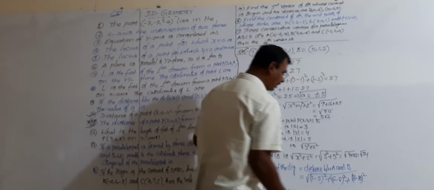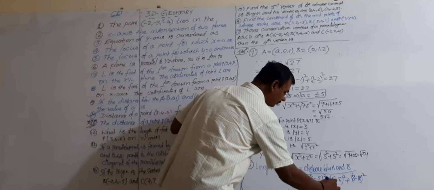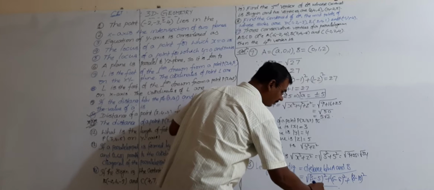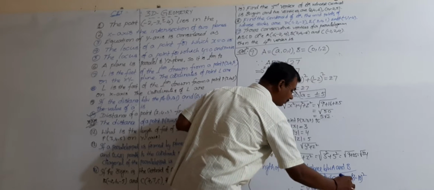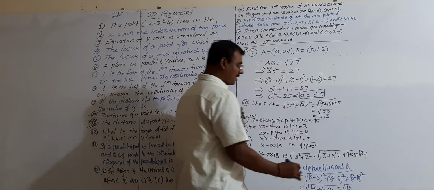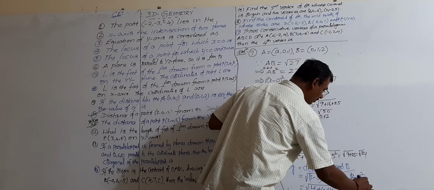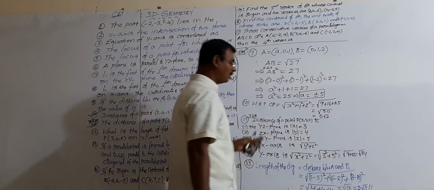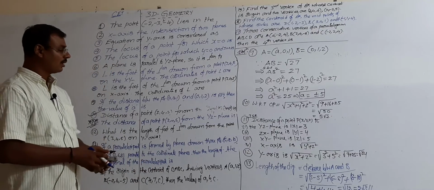Cleared? Simplify: square root of 4 plus 4 plus 4, which is square root of 12. In simplest form, this is 2 root 3 units. So this is the answer of the 13th question.